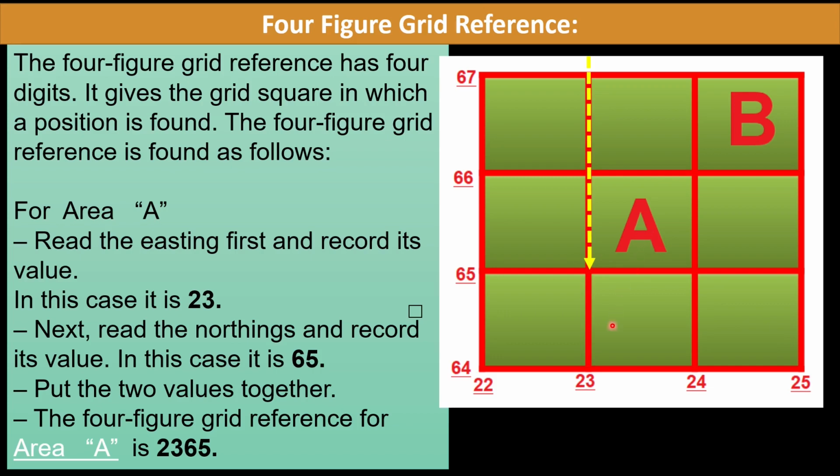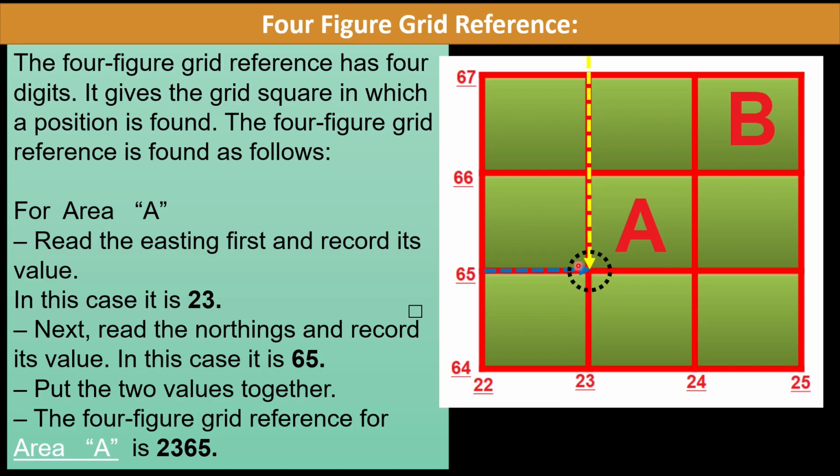That is 23. Next, read the northing. That is 65. Put the values together. You will get 2365. Total 4 digits.